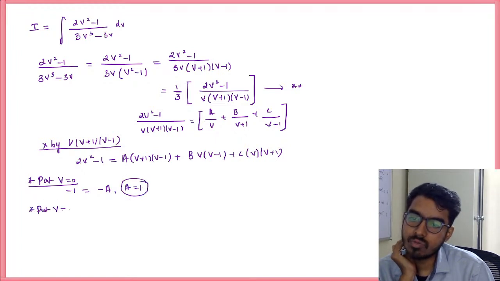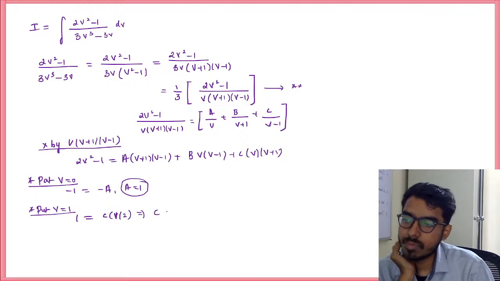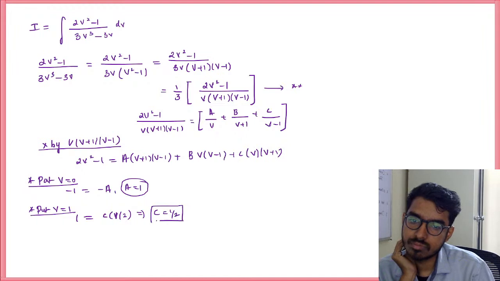Put v is equal to 1. Now if you put v is equal to 1, we will have 1 is equal to c into 2. That means c is 1 by 2. Now put v is equal to −1.